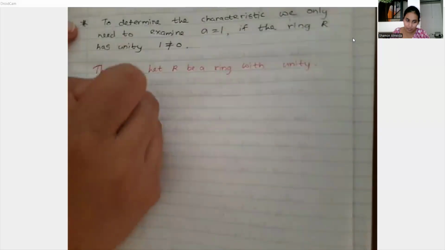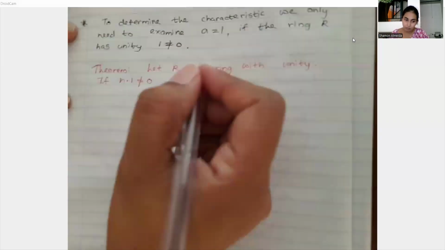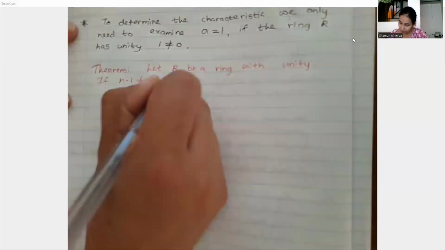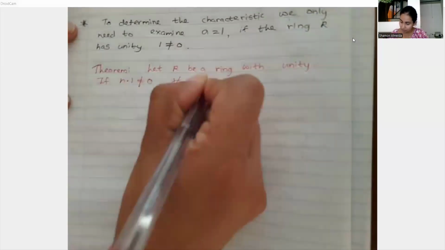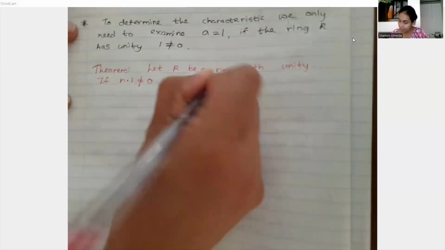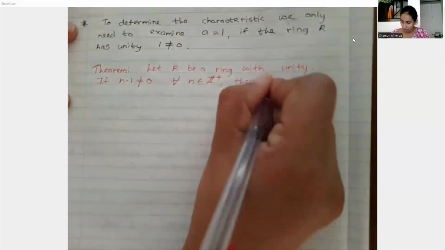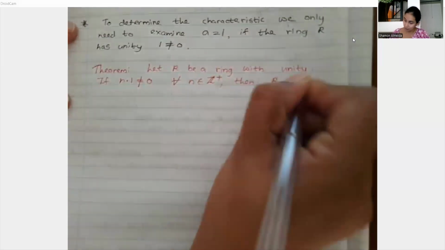If n times 1 is not equal to 0 for all positive n's, then R has characteristic 0.